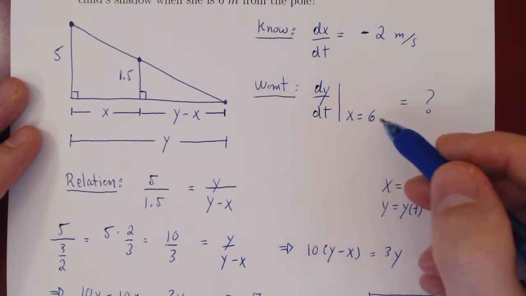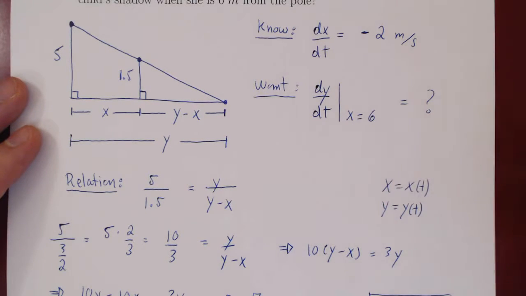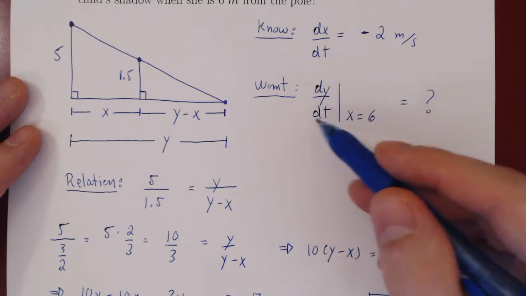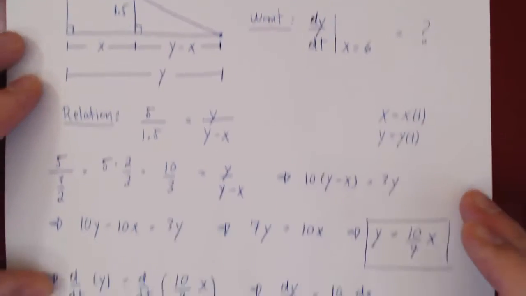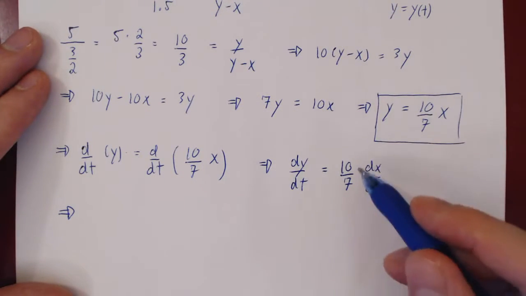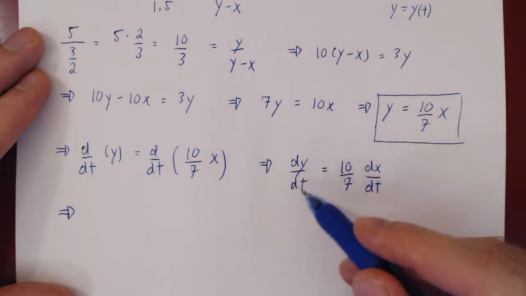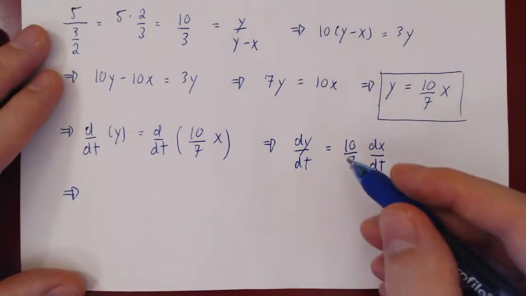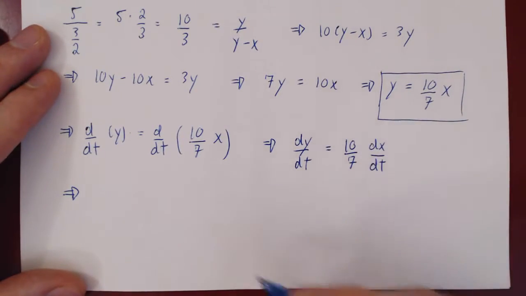So this could have been x equals 6, x equals 3, x equals 1. dy over dt will never depend on x.